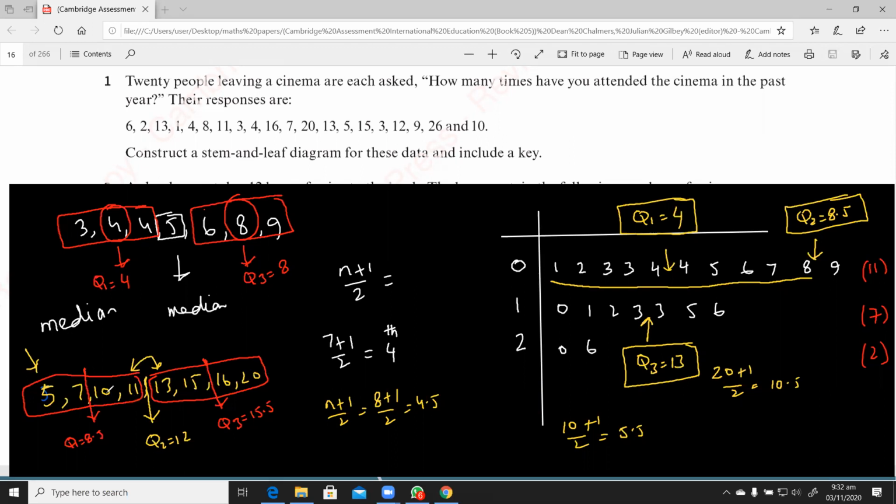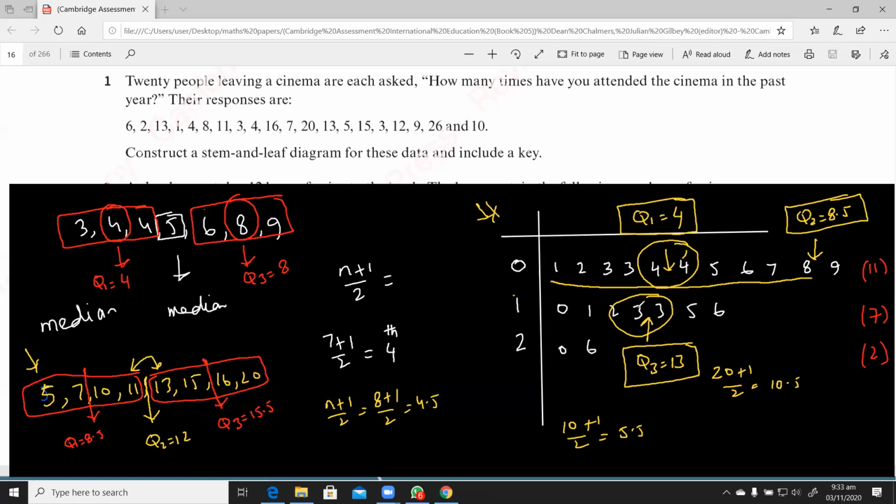The median of the first 4 observations will be the lower quartile, and the median of the last 4 observations would be the upper quartile. So similarly, here you have a total of 20 observations in this stem and leaf diagram. The median of the first 10 observations is your lower quartile, which is happening here. And the median of the last 10 observations is going to be your upper quartile, which is falling in this area.